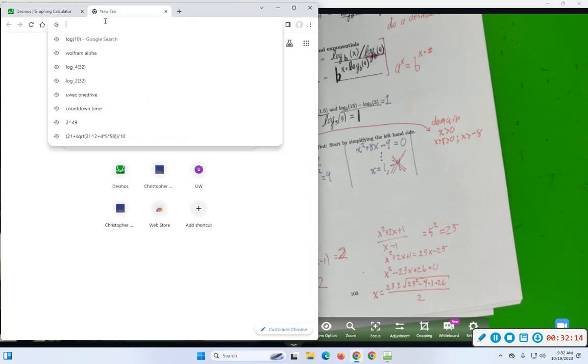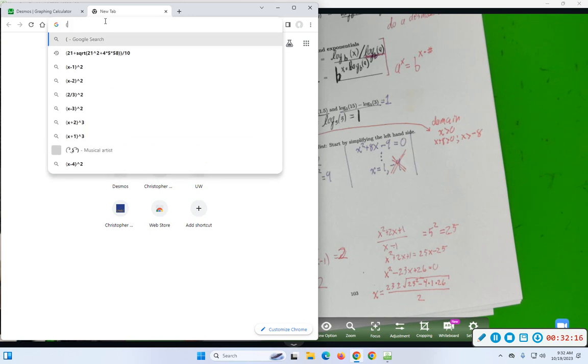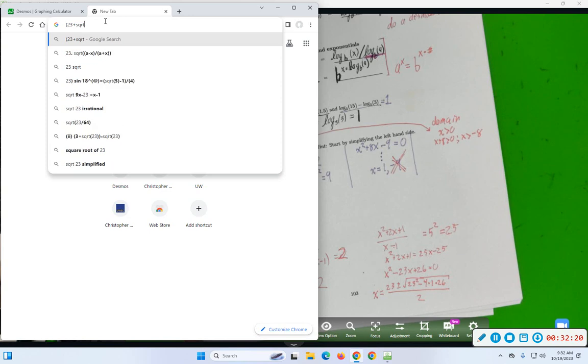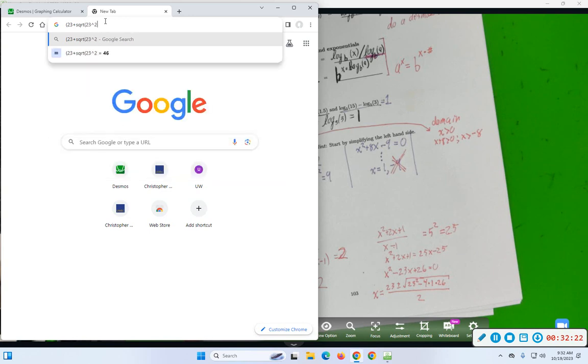Using the calculator that I choose to use, you use yours: 23 plus the square root of 23 squared minus 4 times 26. Maybe I could simplify that 4 times 26 to 104 if I wanted to, but I think it's too late now. Divide by 2.